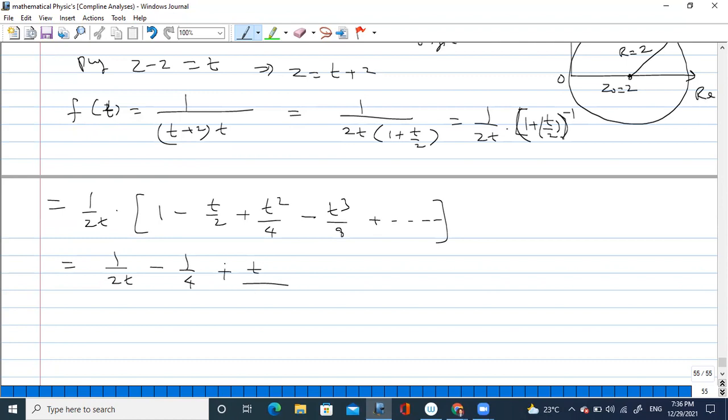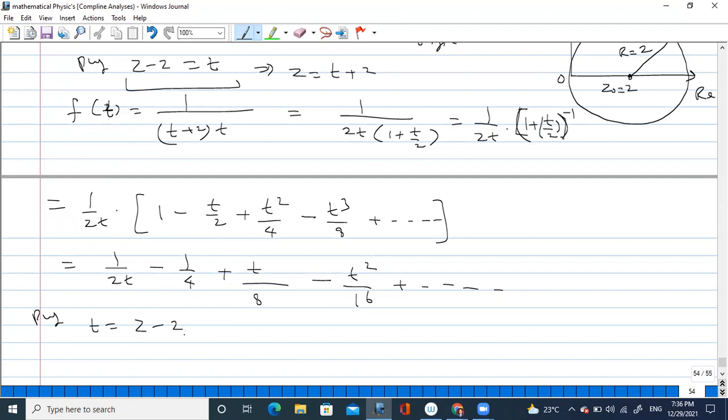T to t cancel, so t by 8 now, and minus t square by 16, and plus dot dot dot, like this. Okay. So here you put t equal to z minus 2.